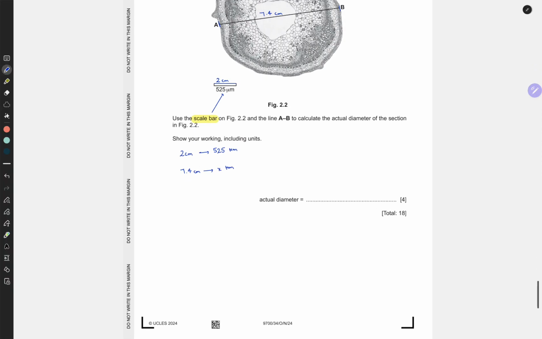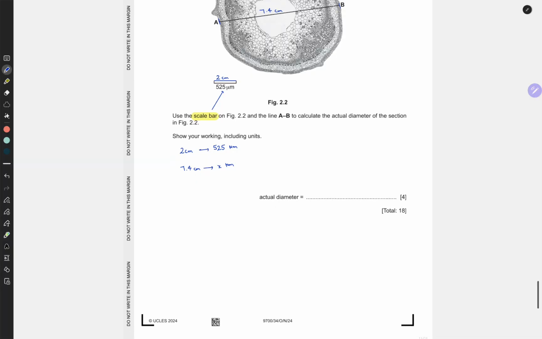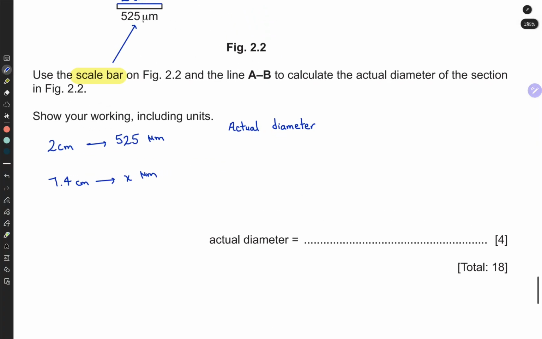For example, I use the method of cross multiplication. So x, which is the actual diameter, is equal to 7.4 times 525 over 2.